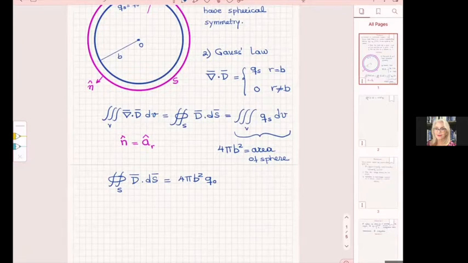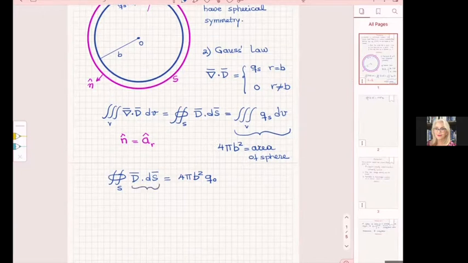What we need to do is to find the integral. The integral is a surface integral on the surface of the sphere. And on that surface, D dot dS is nothing else but D dot a sub r dS. Okay?